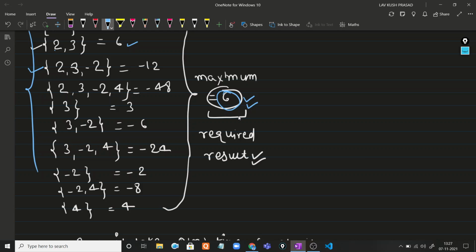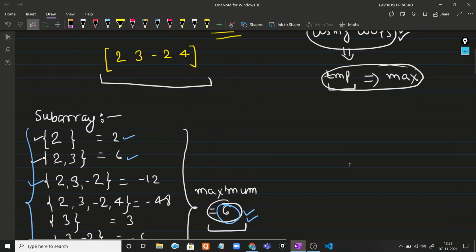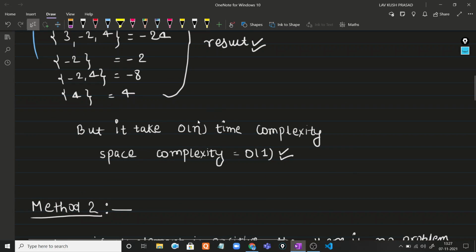So what's the problem in this solution? If we find the subarrays of the given array, it takes big O of n square, not big O of n, because here we use two loops: the first for loop, and also a second for loop.